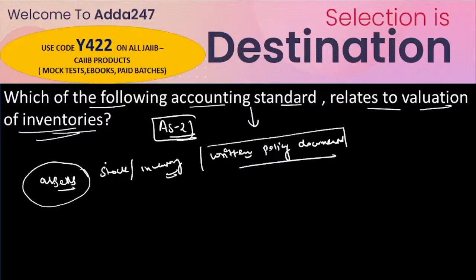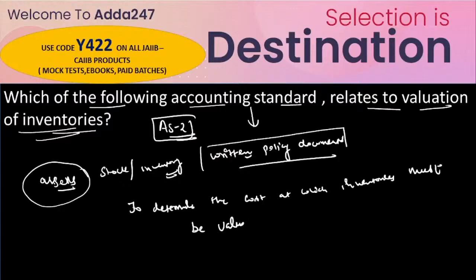So the purpose of accounting standard 2 is to determine the cost at which inventories must be valued as an asset in the financial statement.